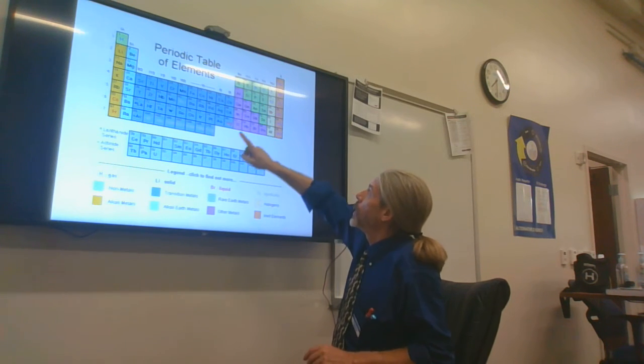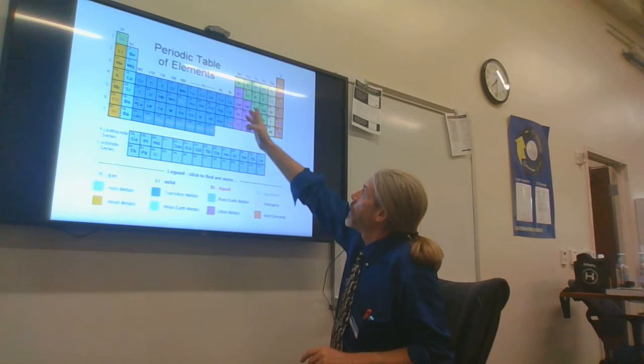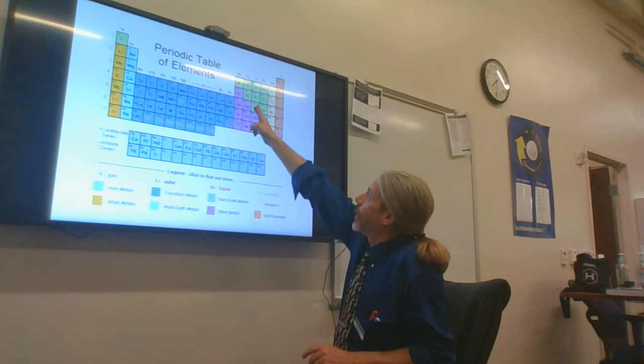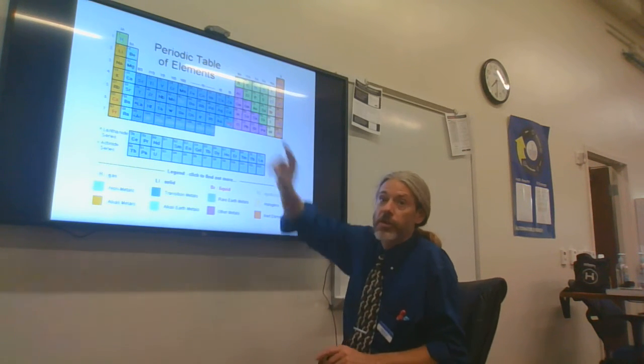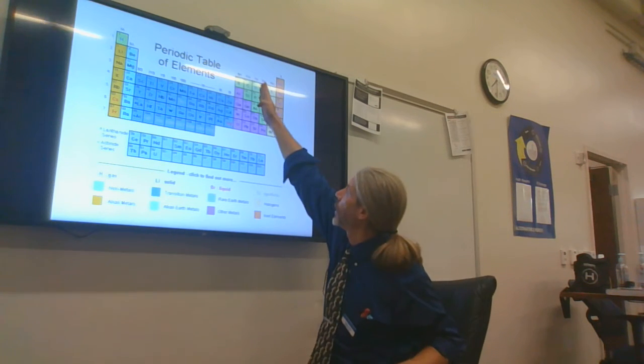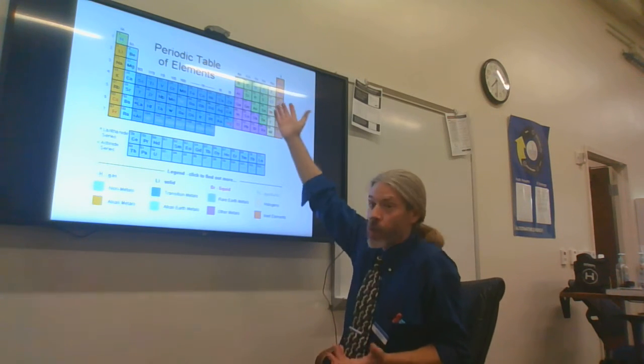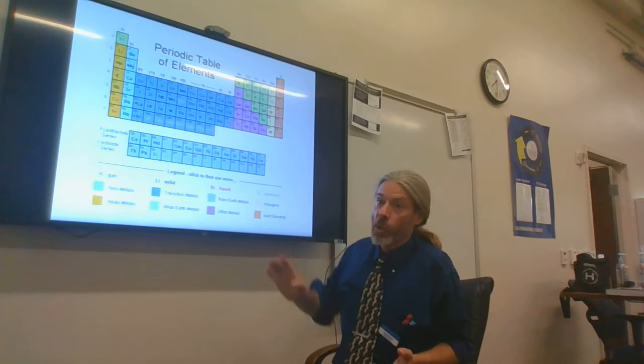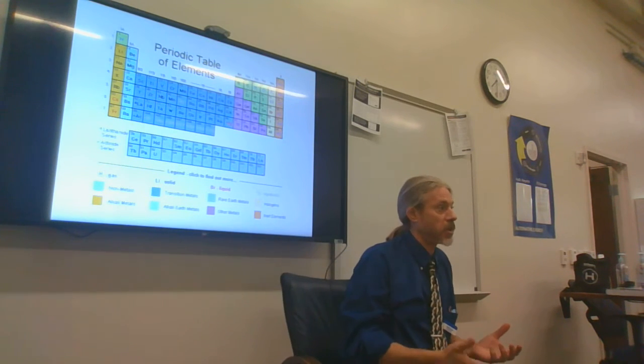So you will typically find the doping agents to be located relatively close to each other as far as column-wise. Why? Because all of these elements have either one extra or one short electron in their valence shell.